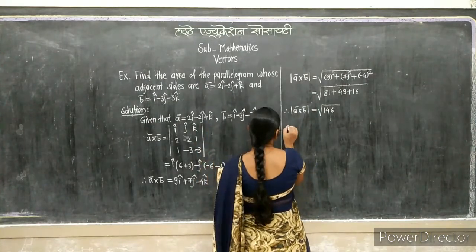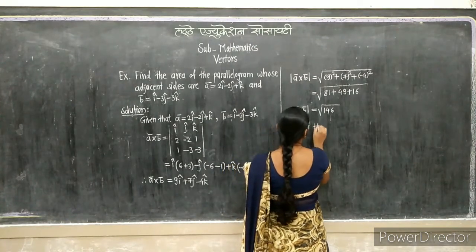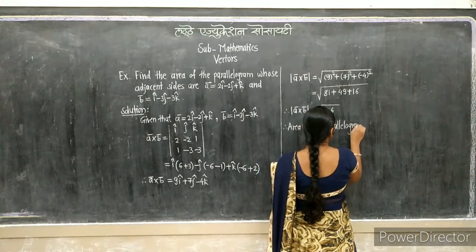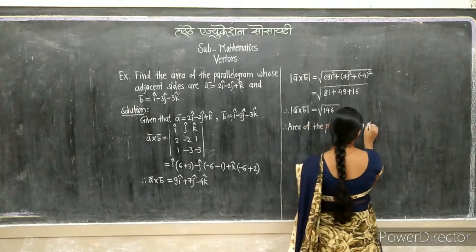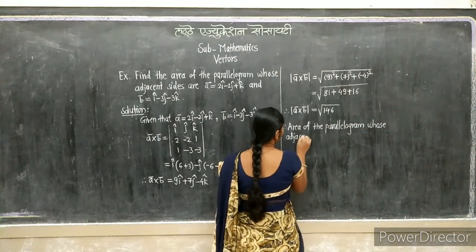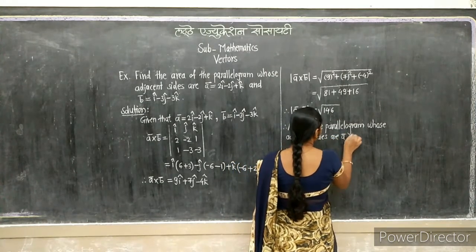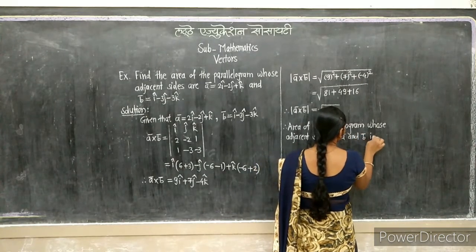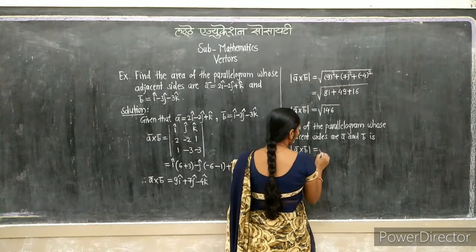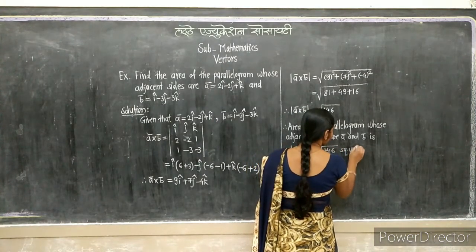Then the area of the parallelogram whose adjacent sides are a bar and b bar is the magnitude of a bar cross b bar, which is equal to under root 146, and the unit is square units.